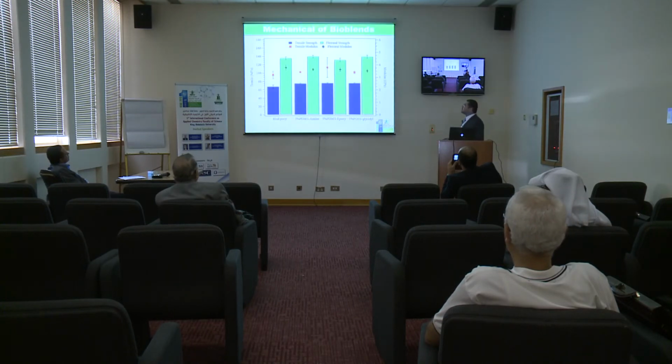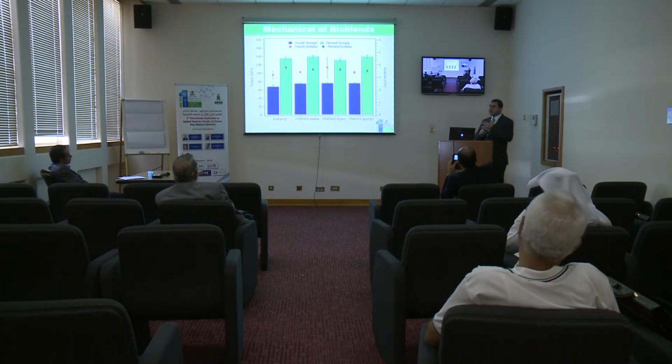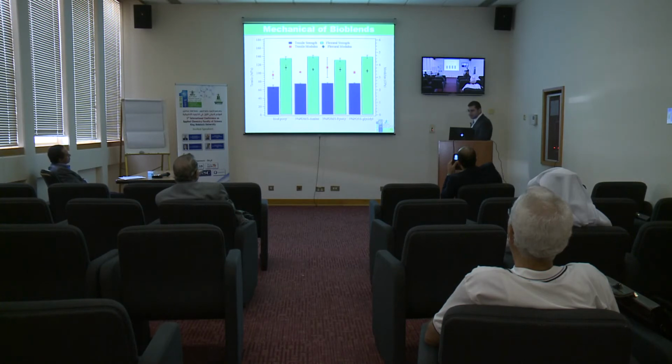For the mechanical properties of the bioblend, as we said before, we have two defects in epoxy resin: the elongation and the impact strength. The tensile strength, flexural strength and flexural modulus are almost the same. There is no change, only slightly increasing here, and this is a good enhancement with just 5%.